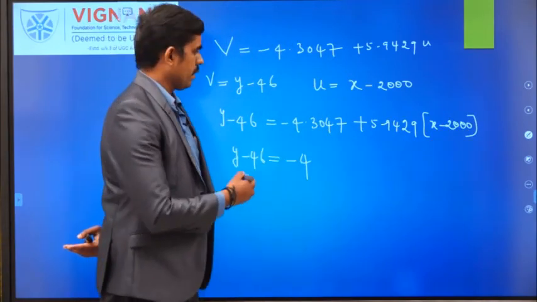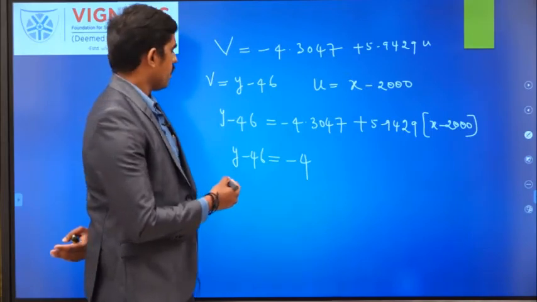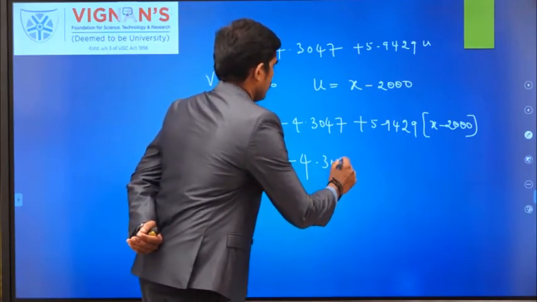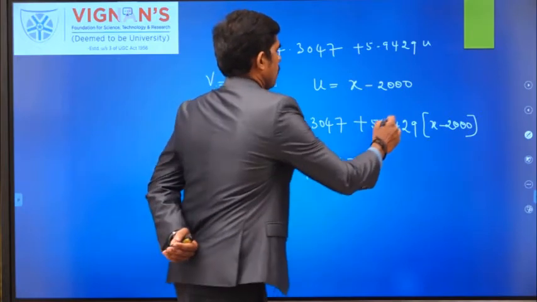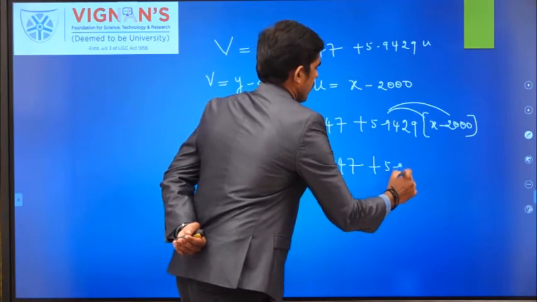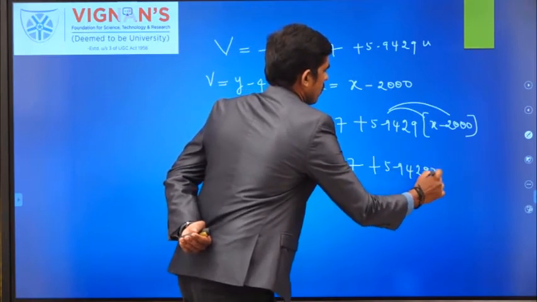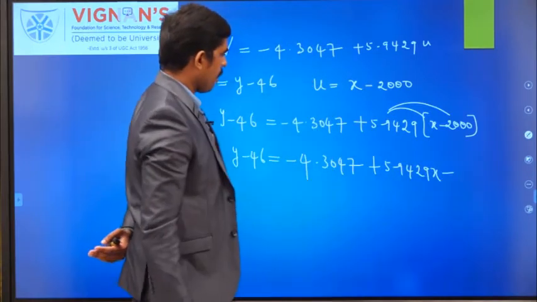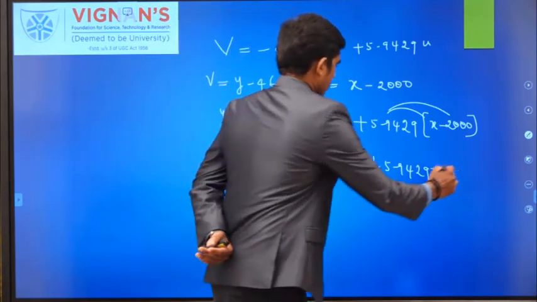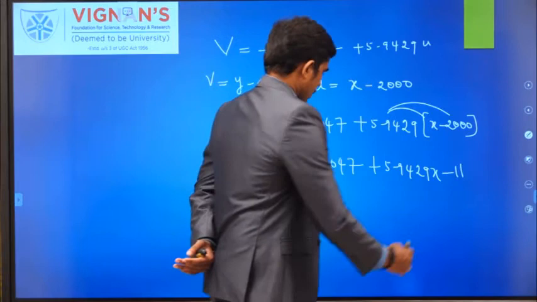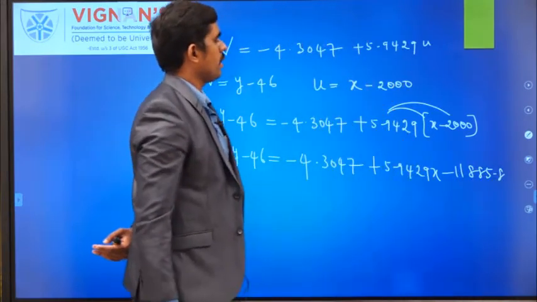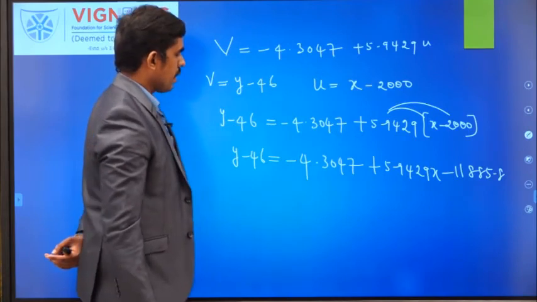After simplifying this, y minus 46 is equal to -4.3047, I am going to multiply this to simplify, plus 5.9429x minus 2000 into 5.9429, which you will get as -11,885.8.